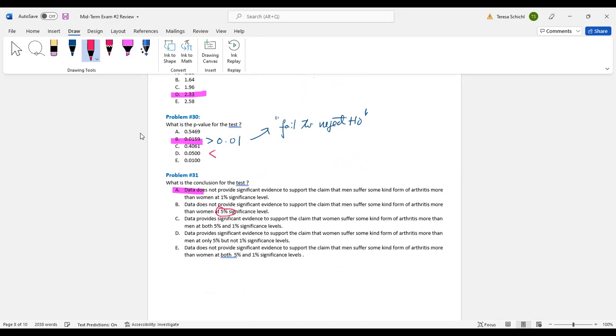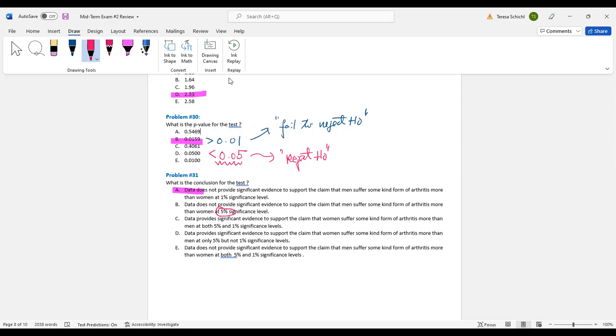So 0.015 is less than 0.05. So if your significance level is 0.05, because your p-value is less, what are we going to do here? We're going to reject H0, right? So that means we have sufficient evidence to say men are more than women.